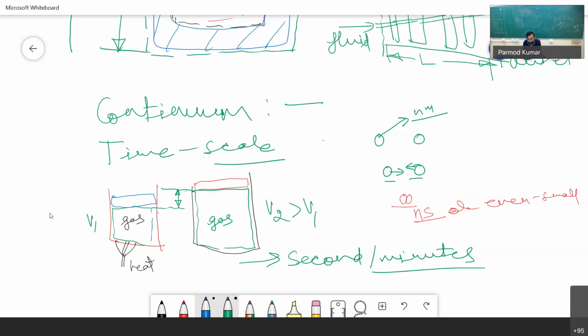So whatever change of property we experience at the engineering scale is actually because of the large number of molecular interactions. We can consider that over that period of engineering time scale, this change of property is nothing but the time averaged change in the bulk property. Am I clear? Yes, sir.